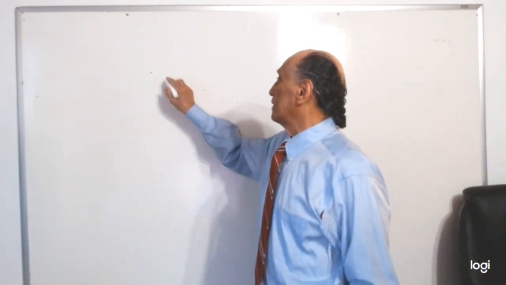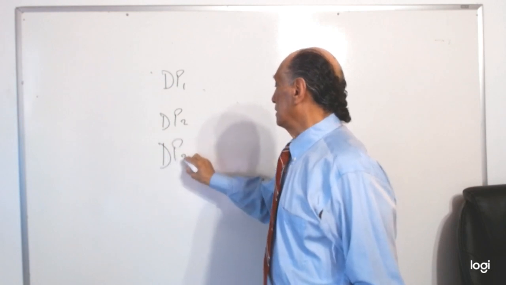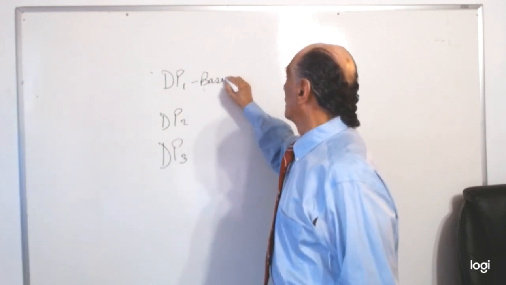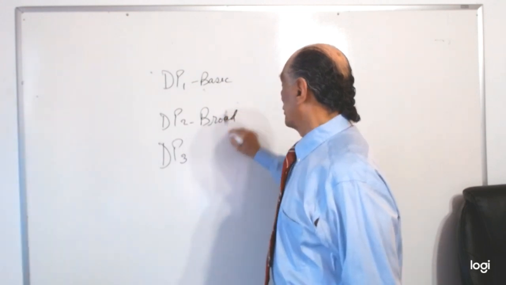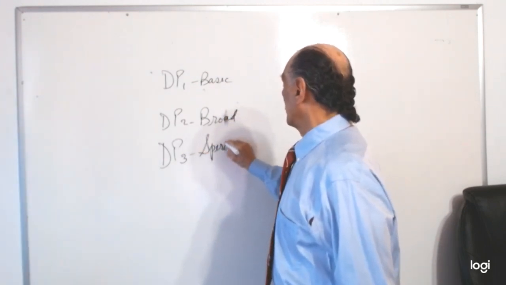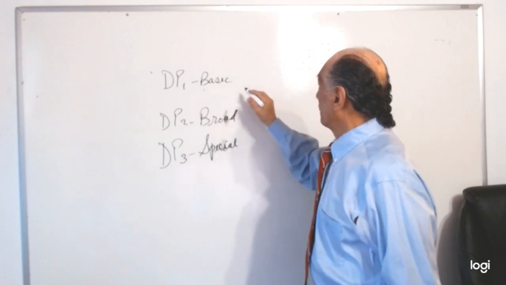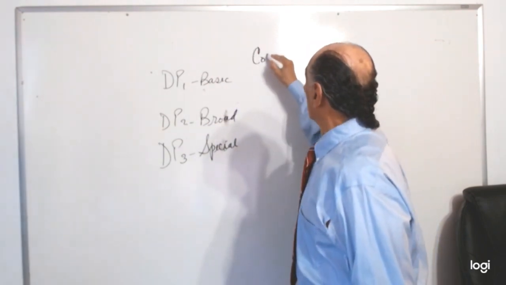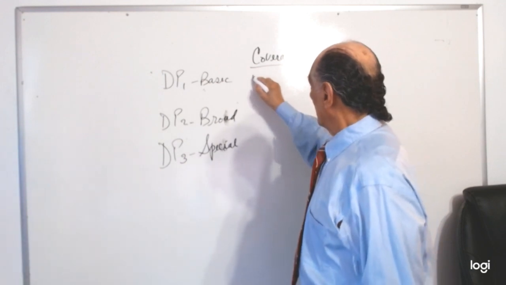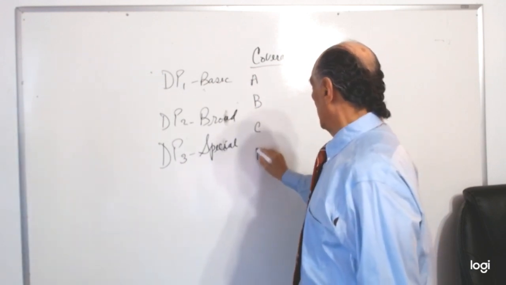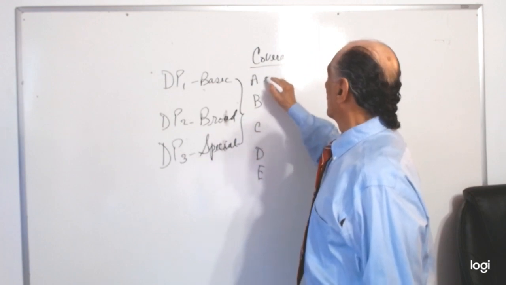And number one, you must understand that because we have DP1, DP2, and DP3, and you know this is for the basic, the broad, and the special perils, we will have the coverage of A, B, C, D, and E. All these things are covered in here, and this is for dwelling.